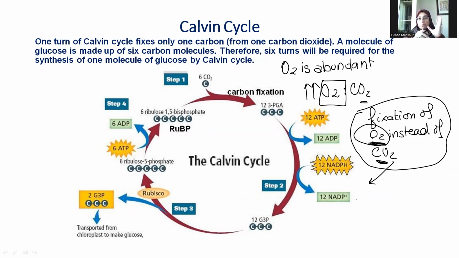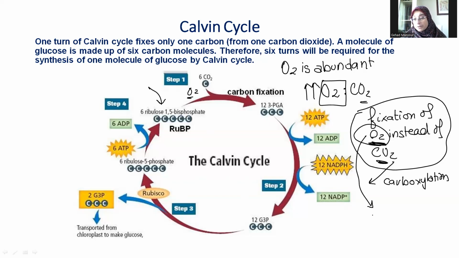Rubisco combining with oxygen definitely makes ribulose biphosphate react with oxygen instead of reacting with carbon dioxide. So the whole process will be different, because we would have oxidation. If you fix carbon dioxide, you have carboxylation of ribulose biphosphate.